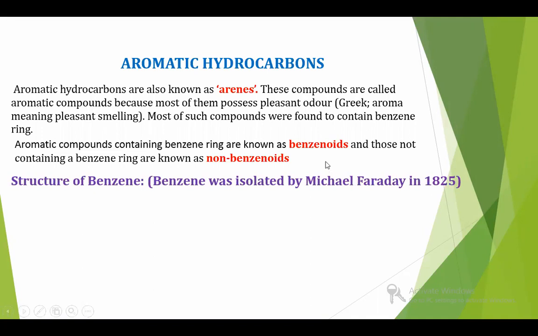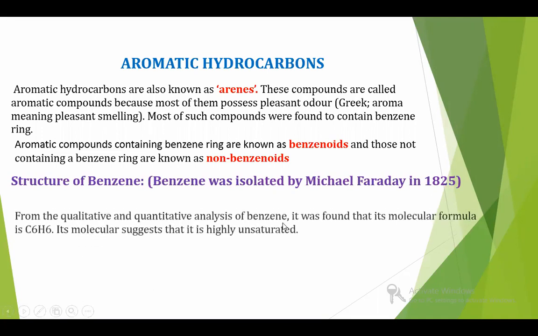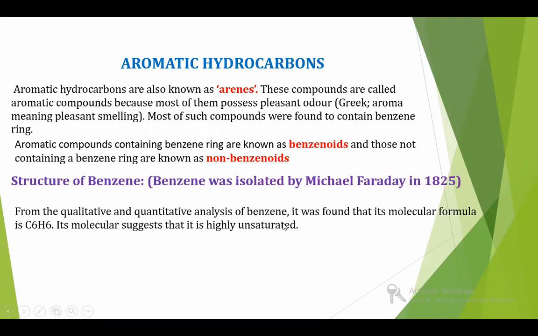Now define the structure of benzene. Benzene was isolated by Michael Faraday, but after the isolation, predicting the structure was the most complicated thing. Why? From qualitative as well as quantitative analysis, we come to know that its molecular formula is C6H6.